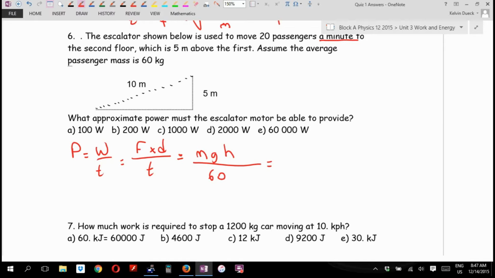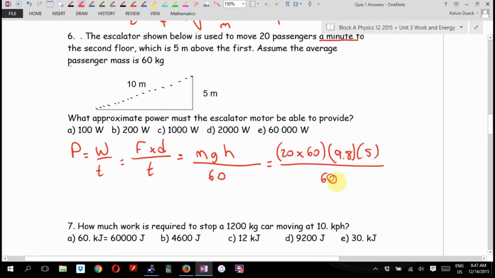M, mass. Oh, 20 passengers at 60 kilograms each. G, 9.8. Height, 5, divided by 60. I can do this one in my head. Holy smokes, because the 60s are going to cancel. And this is really 5 times 20.